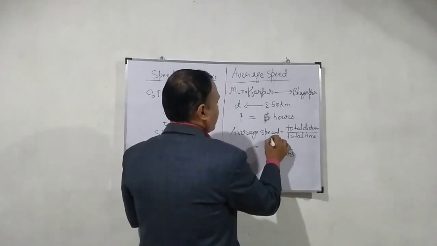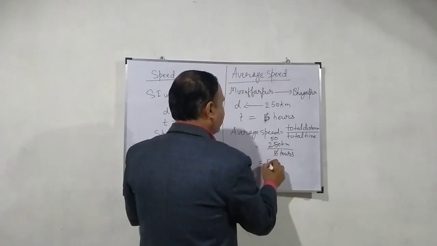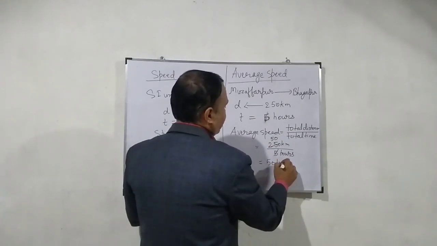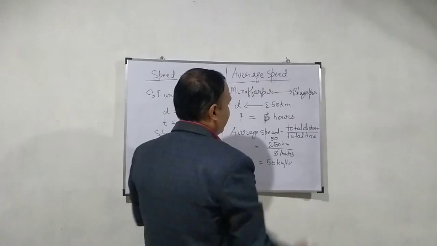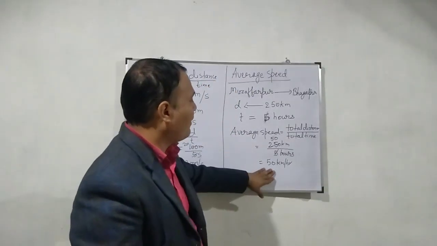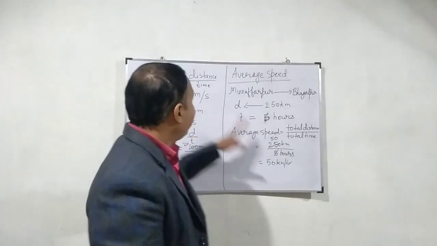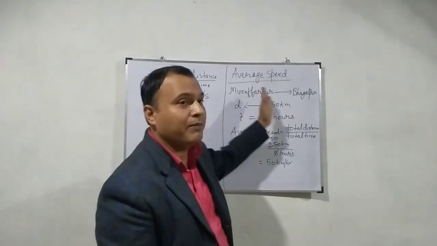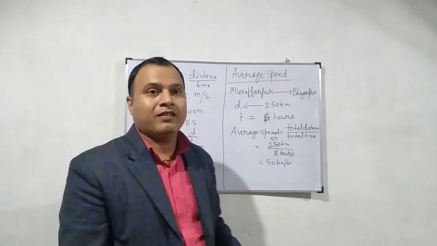So the average speed is 50 km per hour. Now in the whole journey the average speed is 50 km per hour. The SI unit of speed and average speed both is meter per second.